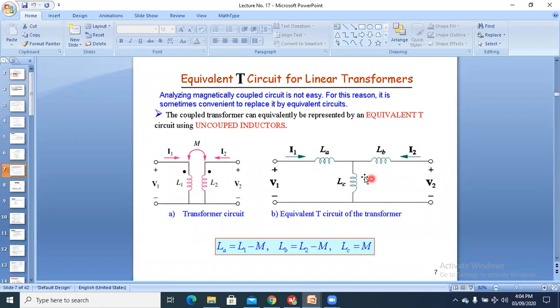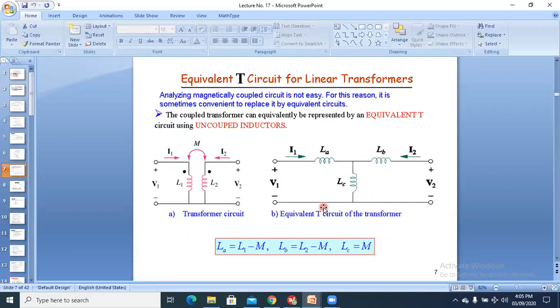A simple T circuit in which we have LA, LB, and LC can replace these L1, L2, and M in such a way that LA is equal to L1 plus M, LB is equal to L2 minus M, and LC is equal to M. So LA is equal to L1 minus M, L2 minus M is equal to LB, and LC is equal to M. In this way, we can transform a mutually coupled circuit into an equivalent T circuit.